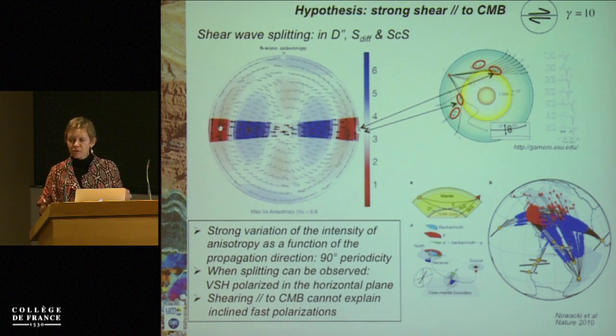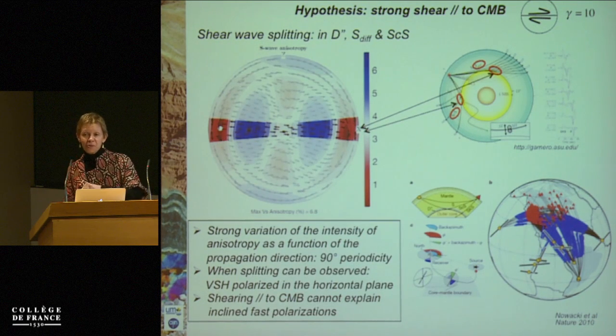So SH is faster than SV. You can have SV faster than SH, but in regions where you should see very low anisotropy. So I can explain fine where you see this in the splitting, but with this kind of diagram, I cannot explain the inclined fast polarizations they see in some regions.